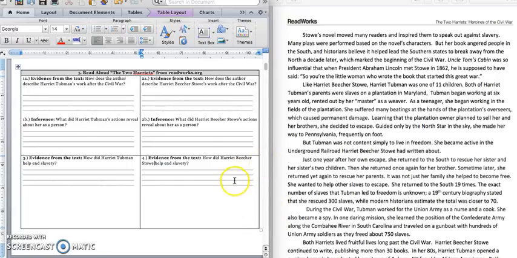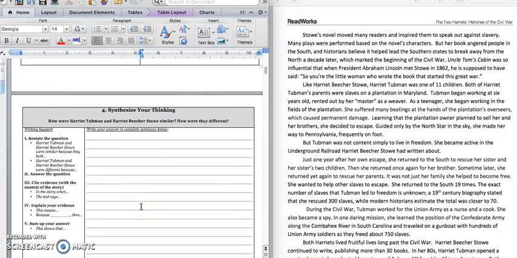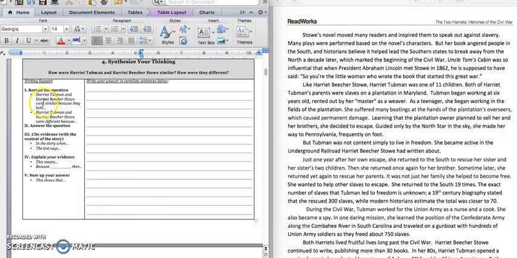So in number 4, we would say Harriet Beecher Stowe helped end slavery by writing Uncle Tom's Cabin, which historians believe led the Southern states to break away from the North. Press pause to write down your answer and play when you're ready for the paragraph.